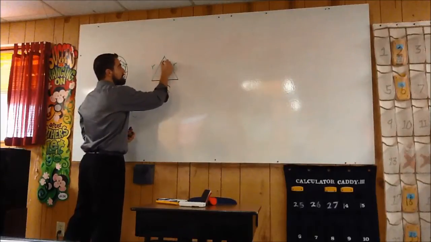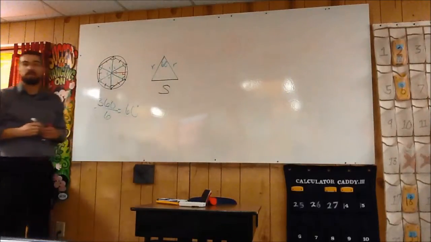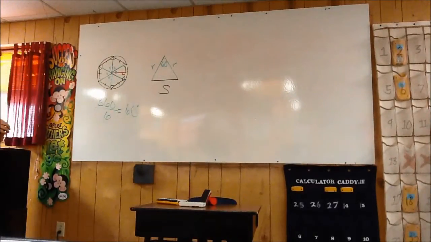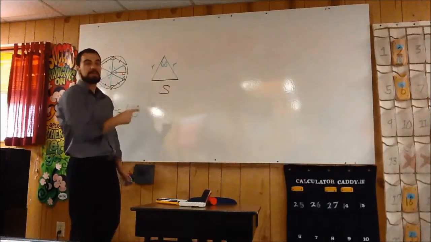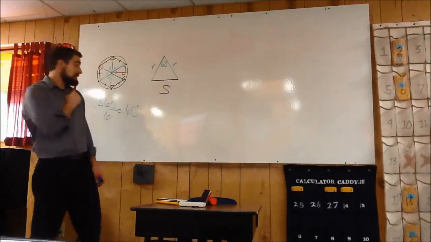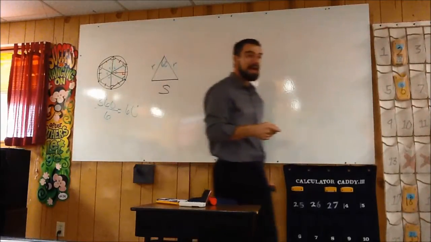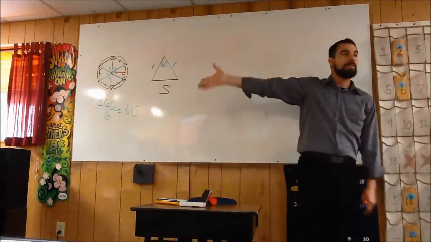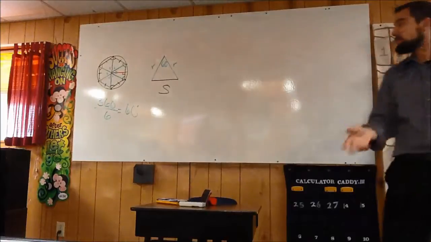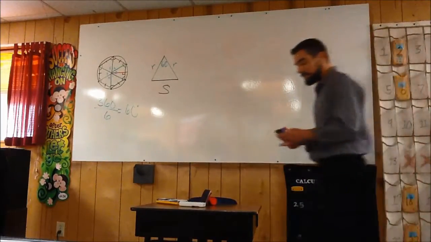So the central angle created by 2 consecutive radii is 60 degrees. We're going to then focus on this triangle. What kind of triangle is this? Isosceles, because all radii in the same circle, or in the same regular polygon, are congruent. So we know those 2 sides are congruent.